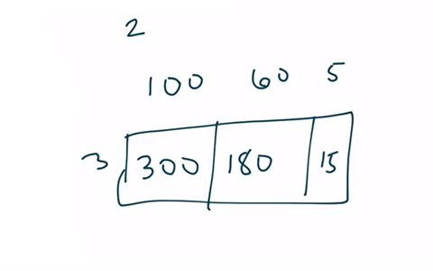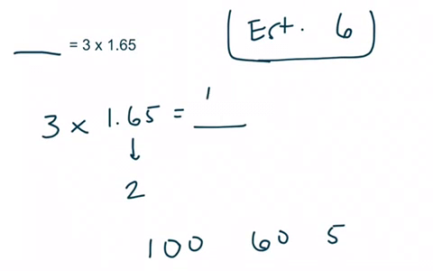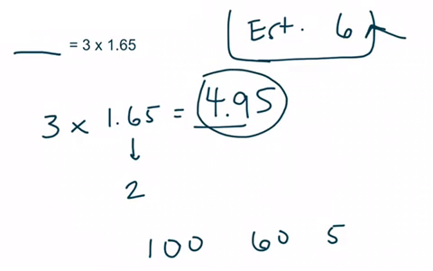I'm going to get 480 plus 15, 495. If I get an answer of 495, I know that is way too big because my estimate is 6. So if my estimate is 6, I'm going to put my decimal right here and say my answer is 4 and 95 hundredths. 3 times 1 and 65 hundredths is 4 and 95 hundredths.